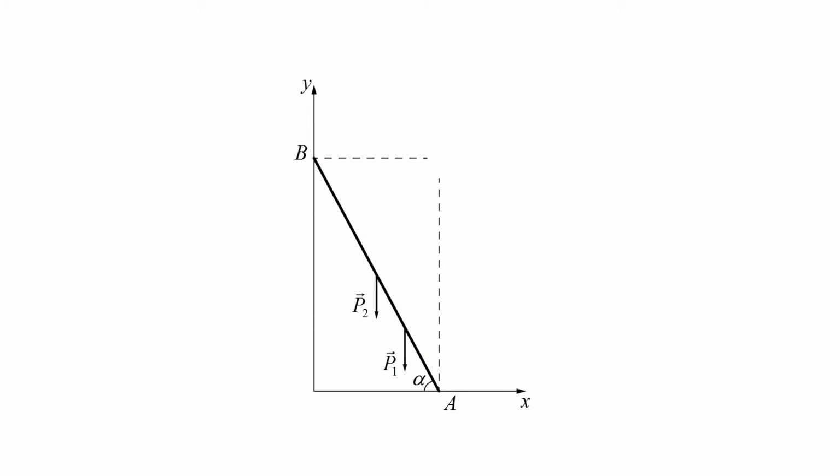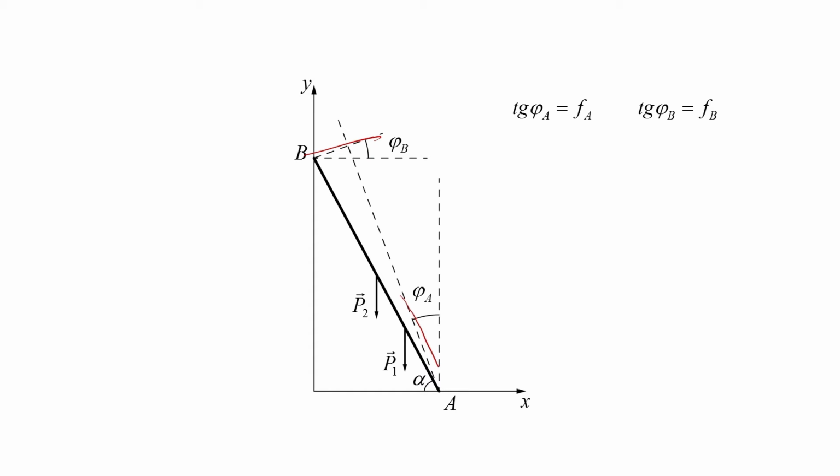Let us draw a vertical line from the points A and B. And from the vertical in the point A, we lay off the angle phi A, and from the vertical in the point B, we lay off the angle phi B. Those are the friction cone generators.